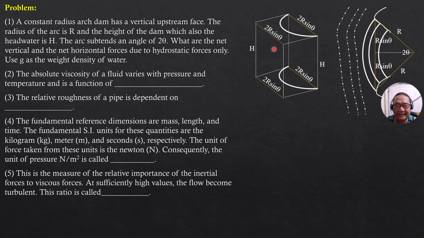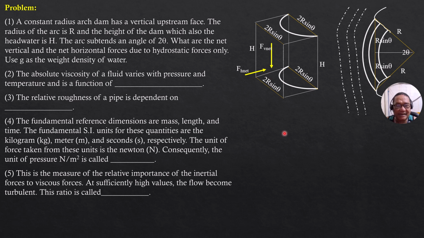The vertical component, of course, due to hydrostatic force only, is 0, obviously. So the answer is 0 for the vertical FV net. For the horizontal force, the net horizontal force is specific weight of water, h bar, which is half of H because this is rectangular, and the area is the area of the rectangle.